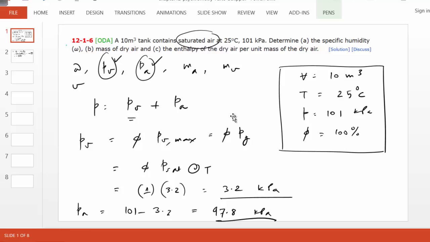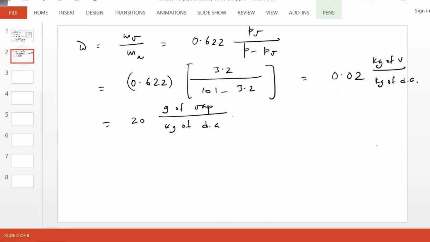So we calculated omega, we calculated PA and PV. Let's go and calculate the mass of dry air. To calculate mass of dry air, we can use PV equals m R T. So when you use this formula, we can obtain the mass of dry air as pressure of dry air times volume over RA times temperature, substituting the values.